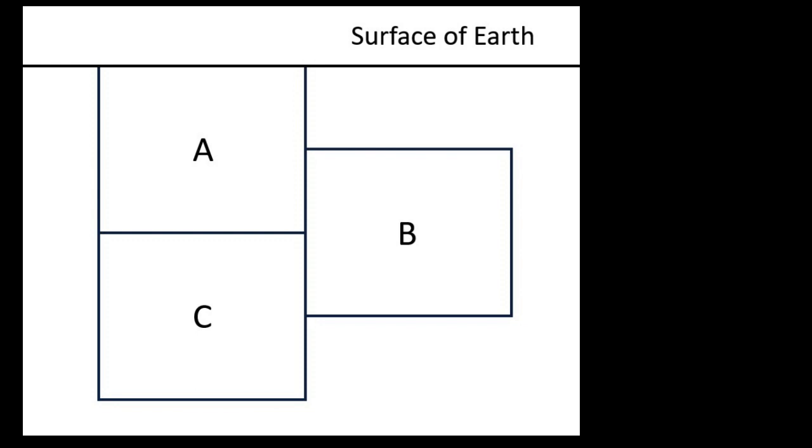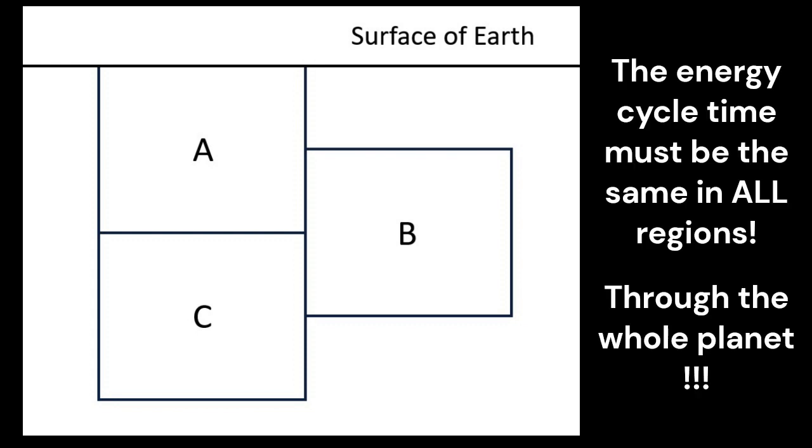But then again, we look at the relationship of region B to region C. The lower part of region B is the same as the upper region of C. So again, C will need even more pressure to keep its cycle time the same in the upper and lower regions.